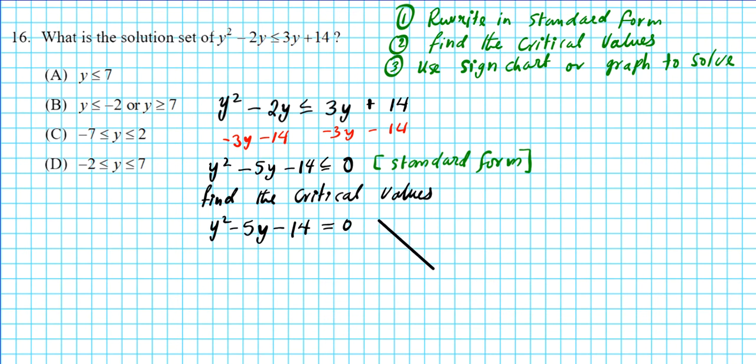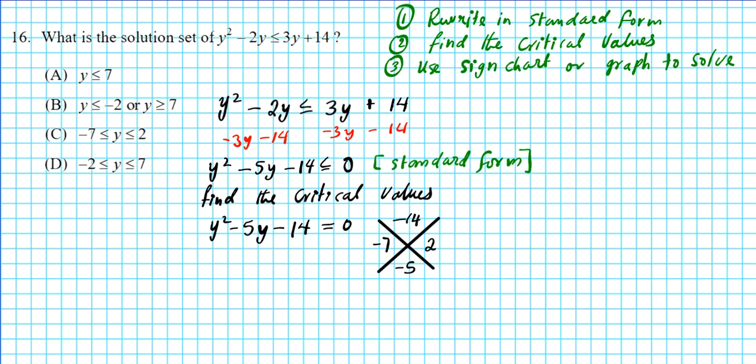We have a quadratic trinomial here. AC is negative 14 and b is negative 5. The two numbers that work here are negative 7 and 2 because these two multiply to give you negative 14 and add to give you negative 5.